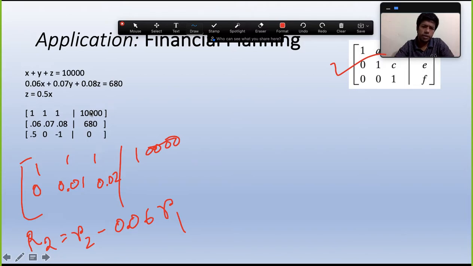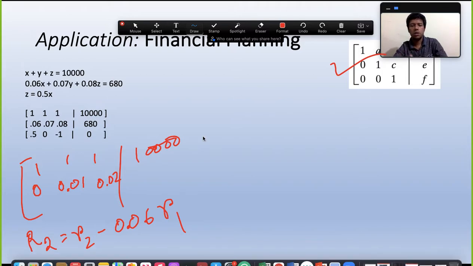And then 680 minus, I think that will be 600. 10,000 times 0.06 is 600. So 680 minus 600 equals 80. Then let's multiply this row by 2 so that this 0.5 becomes 1, so that we can later make it 0, because that is our target.